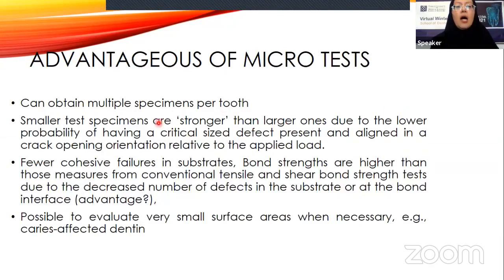And also, smaller test specimens are stronger than larger ones because for smaller specimens, we have a lower probability of having a critical size defect. Also, the chance of cohesive failures is lower for micro tests because, as I told you, defects with critical size are less likely in micro specimens.